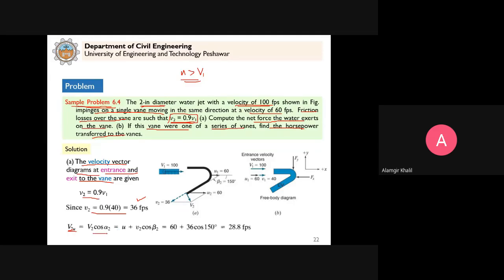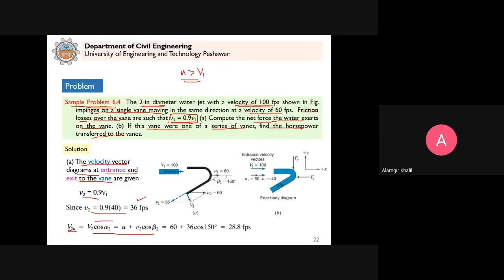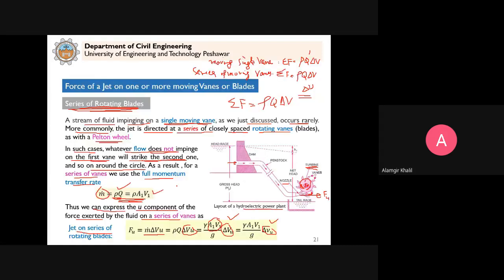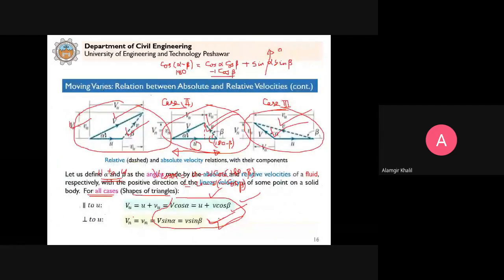We already know this relationship, whatever the shape of the triangle. Clear? Whatever the shape of the triangle, we already saw this is the relationship in the u direction between the three velocities. So now we are using those concepts here in the problem. That's why we studied them, because in the problem you need them.